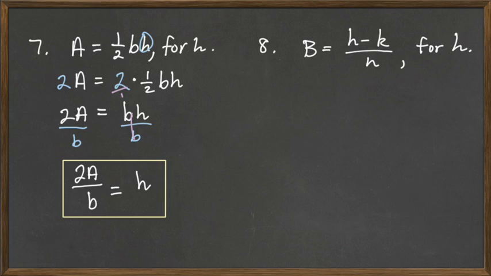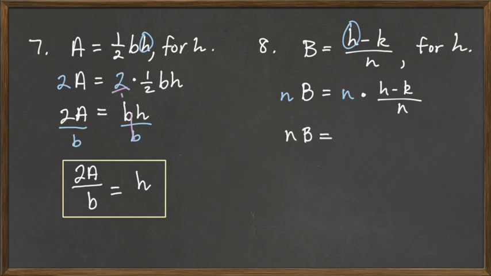All right, so this time your denominator is n. And again, I'm trying to get rid of the fraction first. So I'm going to multiply by n on both sides. Again, keeping in mind that we're trying to get h by itself. So we'll have nb on the left, and I'll multiply by n on the right. So we get nb is equal to, now notice this is really just n over 1.